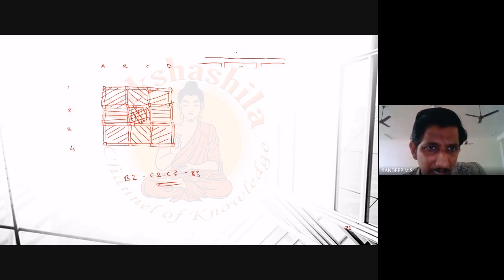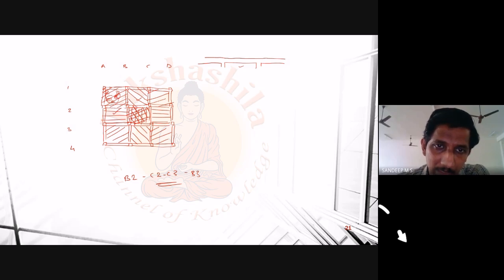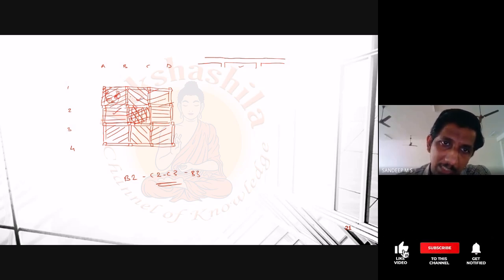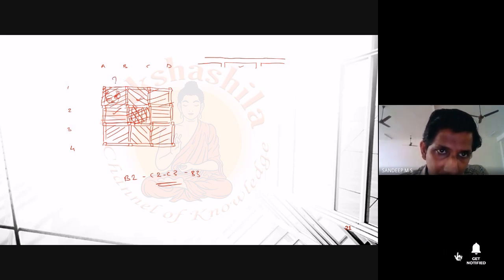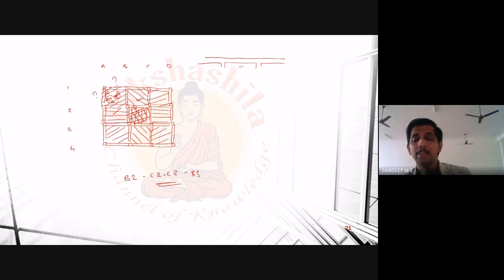And what do you mean by discontinuous? Let's take an end panel, a corner panel, this panel. Please focus here on this panel. If you take up this panel, what we can see is that it is continuous on this side, on this side it is continuous, and on this side also it is continuous. It is having a continuous slab. But what about these two sides? This side as well as this side, you don't have any slabs.